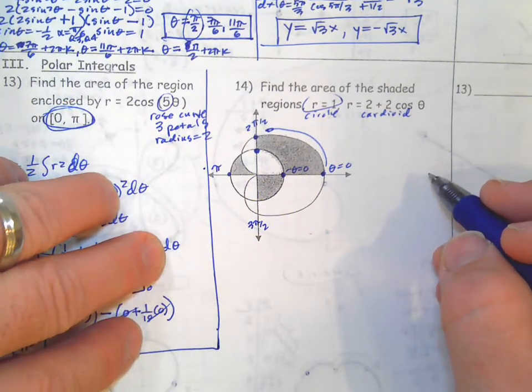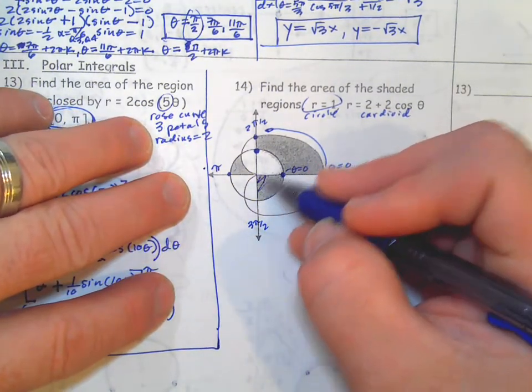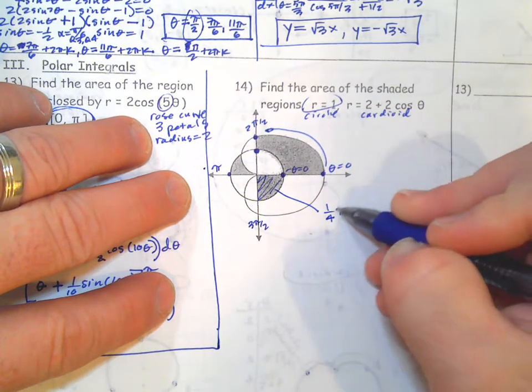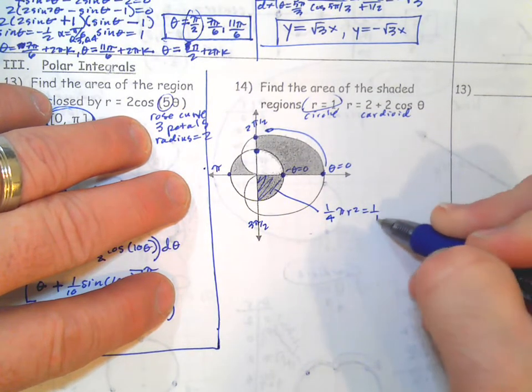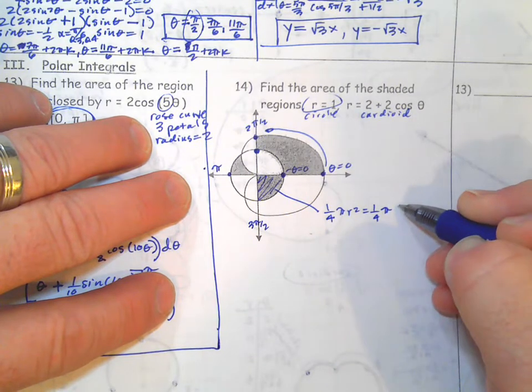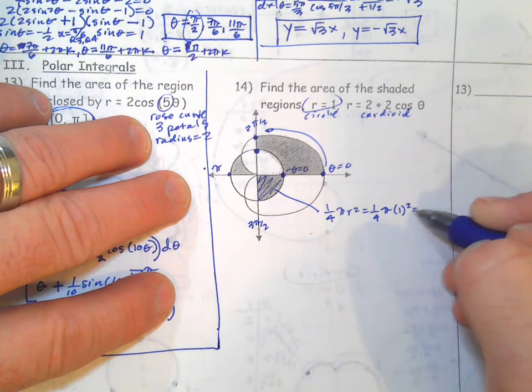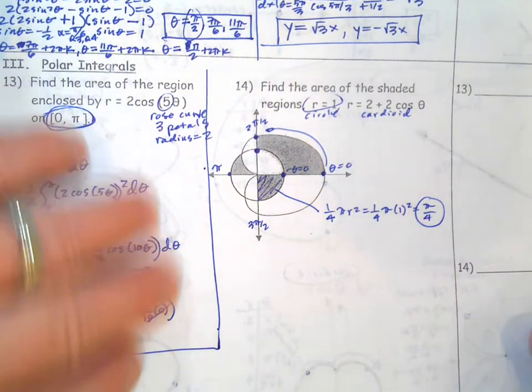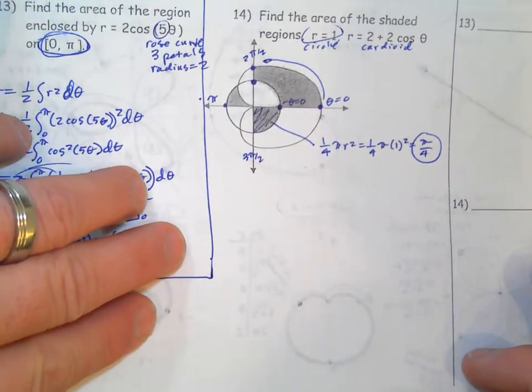So now this area right here, you could just say, hey, that's a quarter of a circle. That's a quarter of pi r squared, and the radius is 1. So that's just pi over 4. Or you could integrate it and get the same answer, treating it like a polar curve.